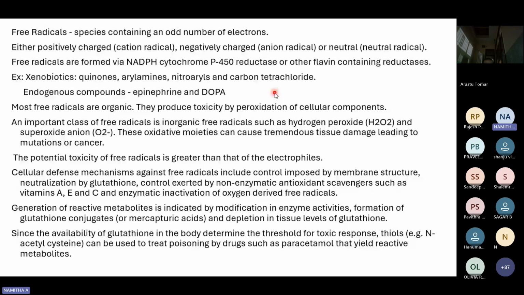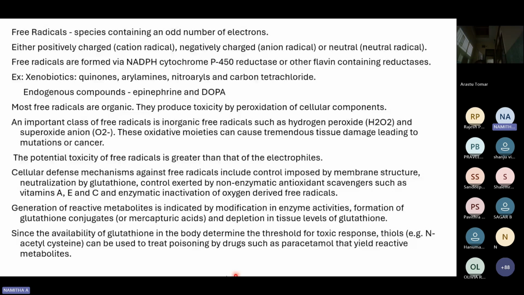Cellular defense mechanisms against these free radicals include control imposed by membrane structure, neutralization by glutathione, control exerted by non-enzymatic oxidant scavengers such as vitamins A, E, and C, and enzymatic inactivation of oxygen-derived free radicals. These are the defense mechanisms.